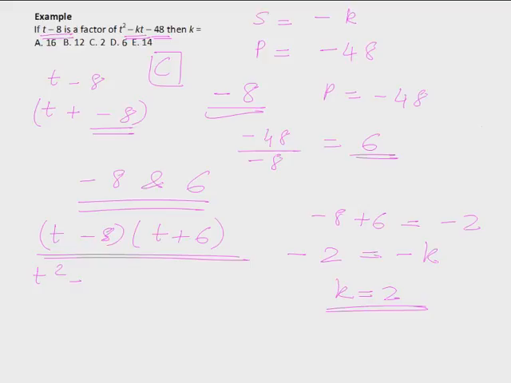That gives me t squared minus 8t plus 6t minus 48. Yes, the product is turning out to be minus 48, and the coefficient of t is minus 2. So minus k is minus 2, so k is 2. Confirmed.